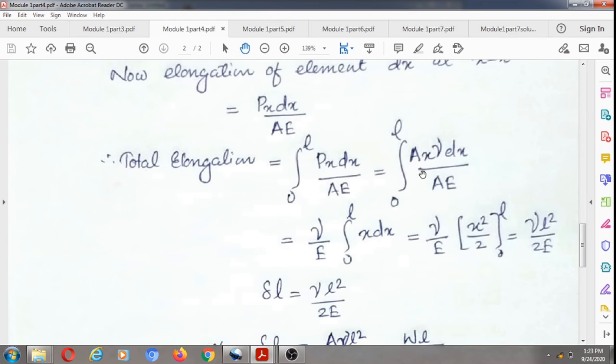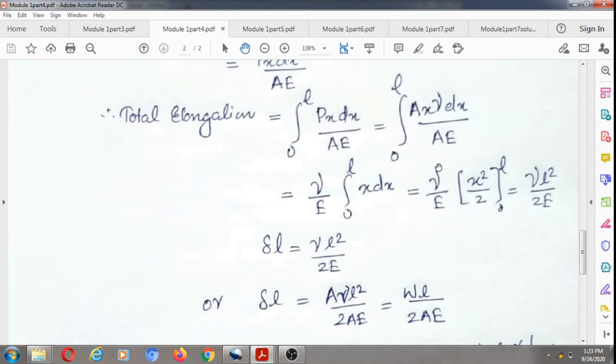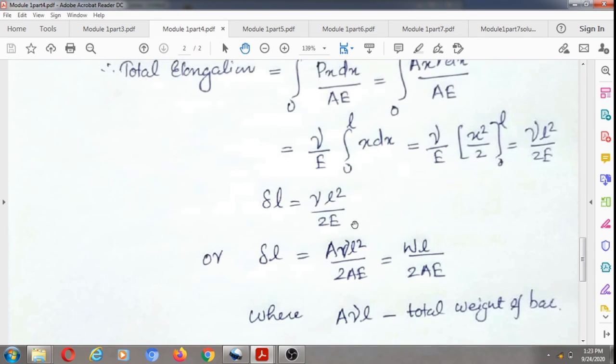Then substitute the values, P as A x gamma, then dx divided by A into E. Here gamma and E are constant, so we can take them outside. Then cancel A from both top and bottom. Then you will get the integral 0 to L of x dx, and integrating gives x square by 2 from 0 to L, so you get gamma L square divided by E. That is the total elongation of the bar due to its weight.